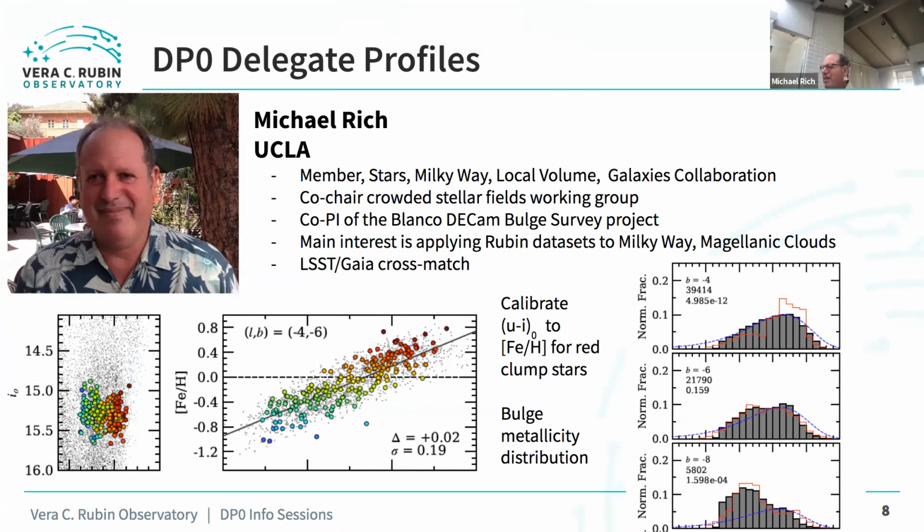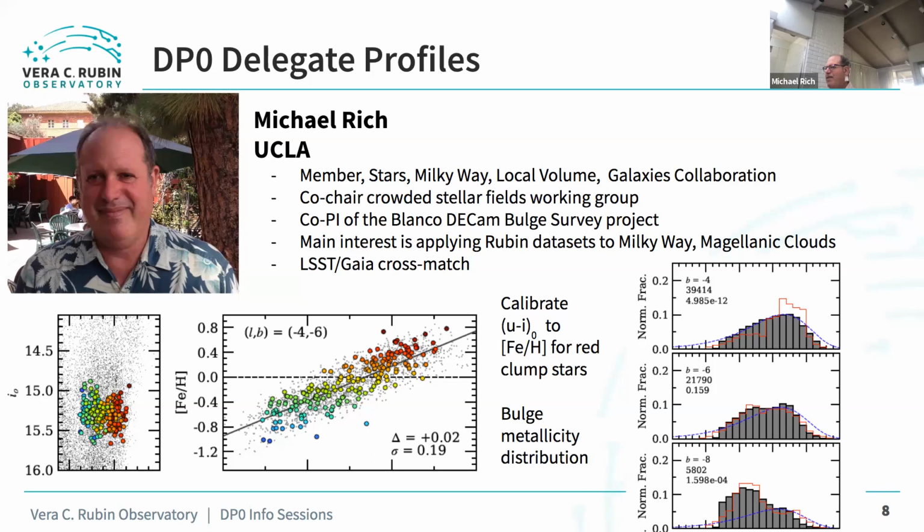Hi, thank you for asking me to present. I'm interested in LSST because of the stellar populations science that it potentially will allow, particularly with variable stars and work in the galactic bulge, Magellanic Clouds and dwarf galaxies. What I show here is from the Blanco DECam Bulge Survey, which is a 200 square degree survey of the bulge in the U through Y bands, the LSST bands, that show how well u-i correlates with Fe/H.